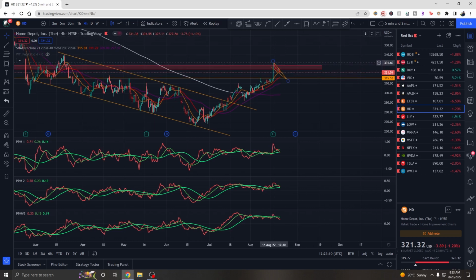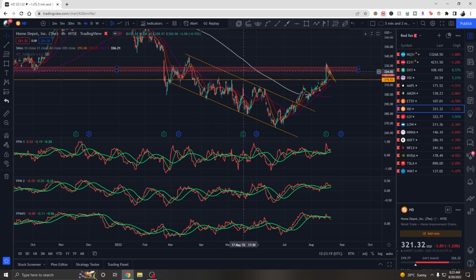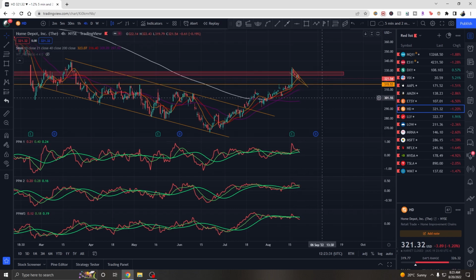It reached as high as 330 and started selling off from that level. I marked this resistance zone or supply zone in the red box. So we started breaking down from that level, and it's now coming back down to 315.